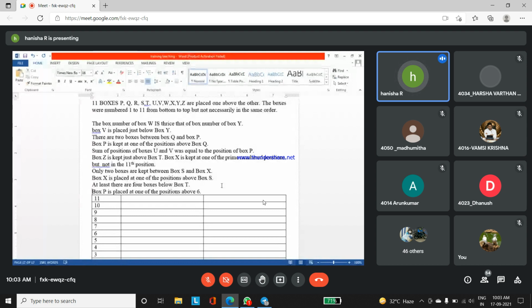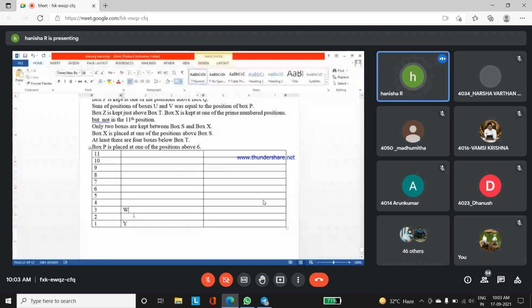For instance, if Y is present at the second position, 2 into 3 is 6, so at the sixth position you will have W. Again, if Y is present at the third position, 3 into 3 is 9, so in the ninth position you will have W. If Y is present at the fourth position, then 4 into 3 is 12.